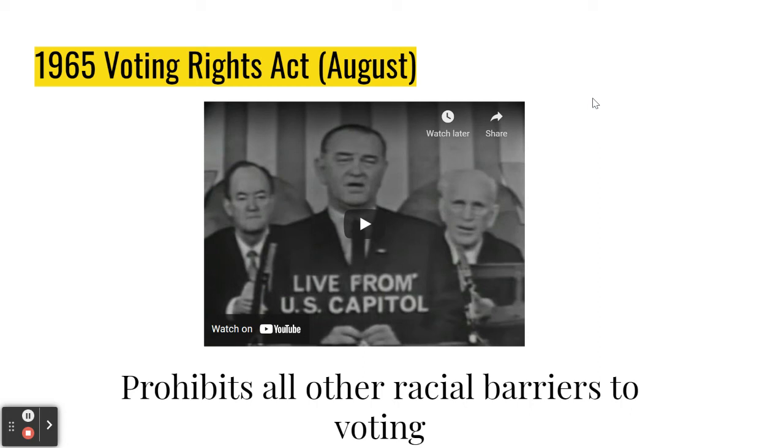The images broadcast all across the world and the country of these peaceful protesters protesting for the right to vote being met with violence by government officials really won over many hearts and minds of American citizens, and put a tremendous amount of pressure on Congress and President Johnson. The 1965 Voting Rights Act is born as an attempt to dismantle all the other racial barriers to voting, and this was Johnson's famous explanation of the occasion.